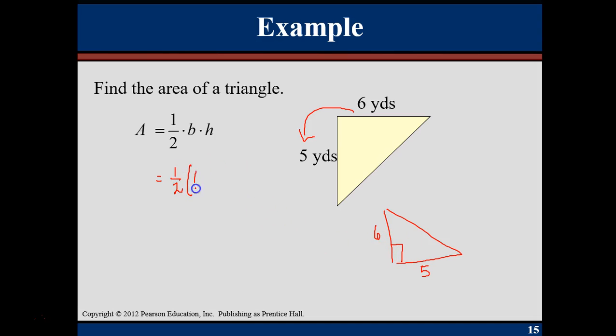I'll say 1/2 times 6 times 5. Well, 1/2 of 6 is 3, and 3 times 5 is 15. And so my area here is 15 yards squared. We say squared because we're talking about how many little squares we can carve into here, and we'll be able to count those up.